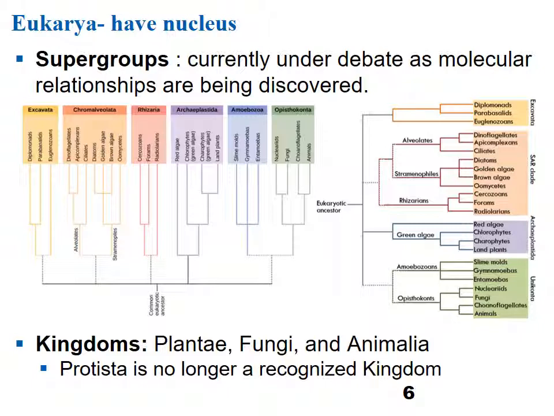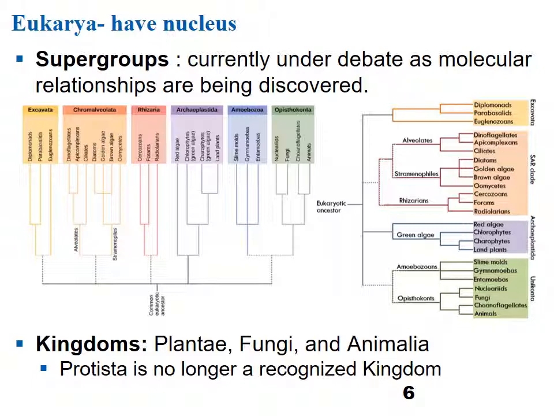All of those organisms have a nucleus, and as far as supergroups go, eukaryotic supergroups are currently an area of debate because we're looking at molecular relationships. There are pictures there from two different textbooks. They don't agree on everything in these two different images. They agree on some things, but all the dotted lines in those graphs are areas that are unresolved.